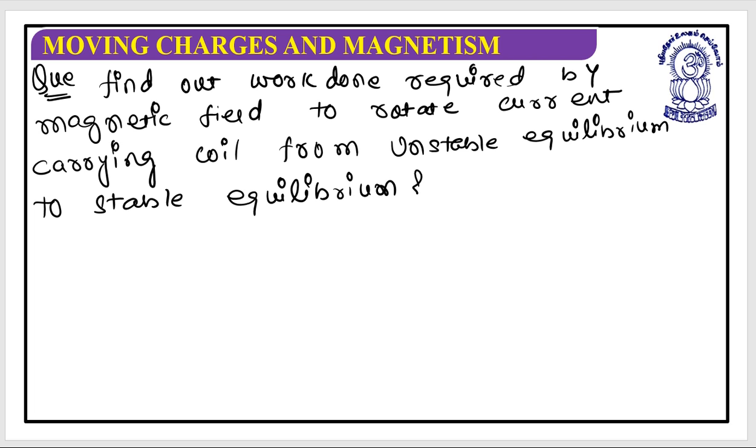So what do we require? We require work done to rotate it. Work done required by the magnetic field to rotate the current carrying coil from unstable equilibrium to stable equilibrium.